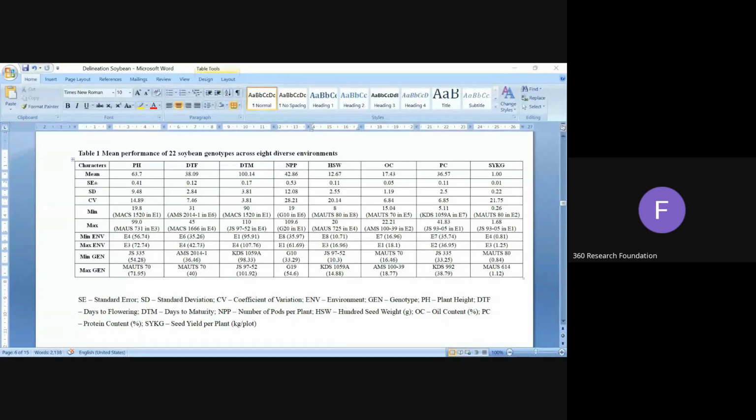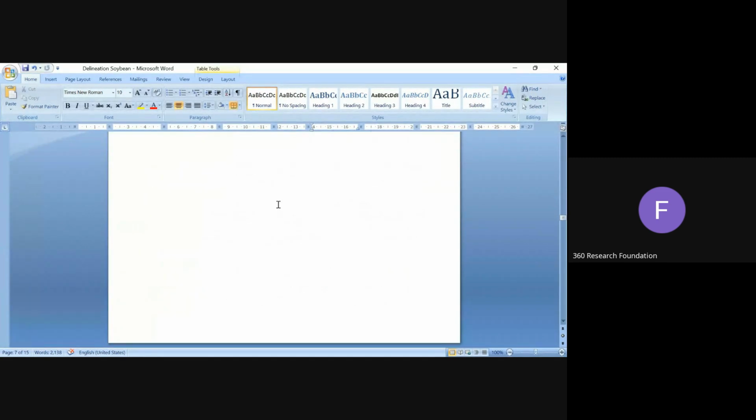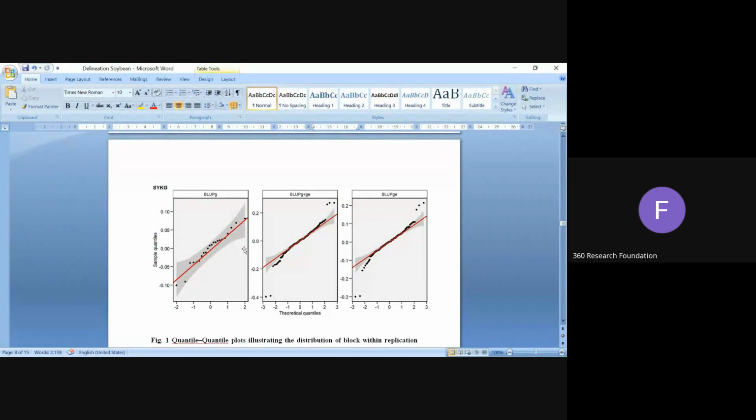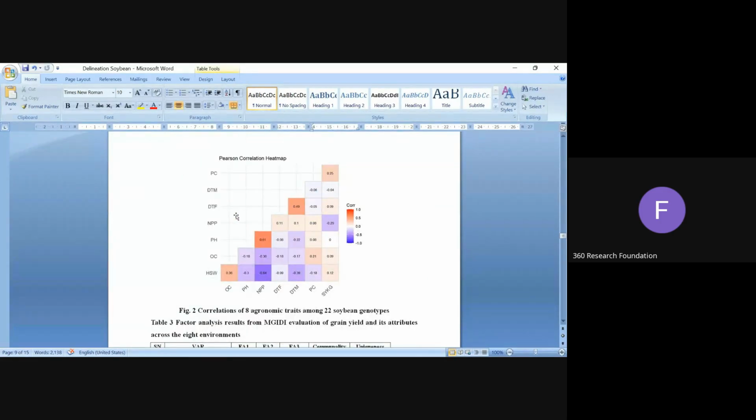After that, this analysis of variance across the environment. Then just now what we have seen. Then this is the Pearson correlation coefficient that we will see.